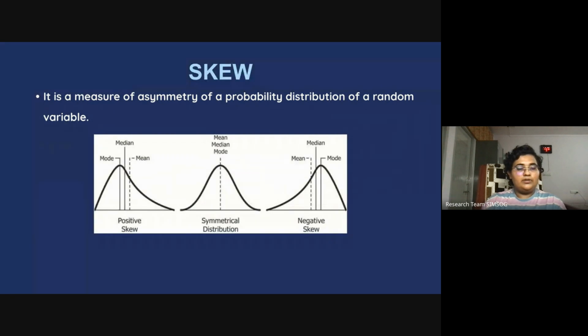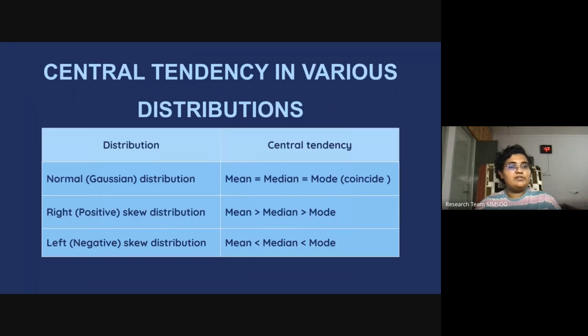Positive skew is also called right skew, and negative skew is also called left skew. Again, as you can see in this figure, in a symmetrical or Gaussian distribution, mean, median, and mode will coincide, but generally we don't get a symmetrical distribution. There is some kind of skew. So in that, mean, median, and mode will all be different. How central tendency differs in different types of skews, we will see.